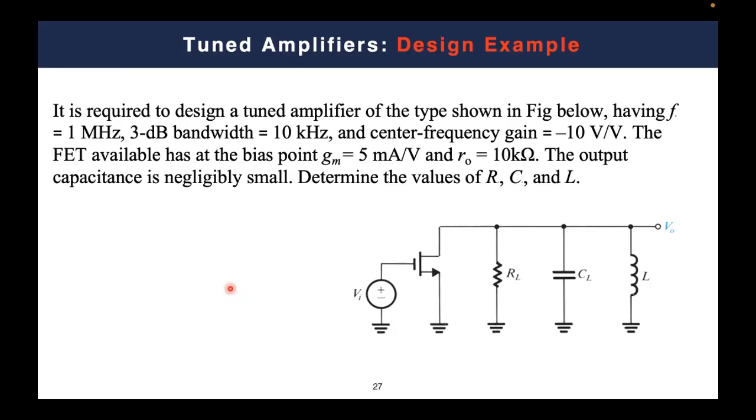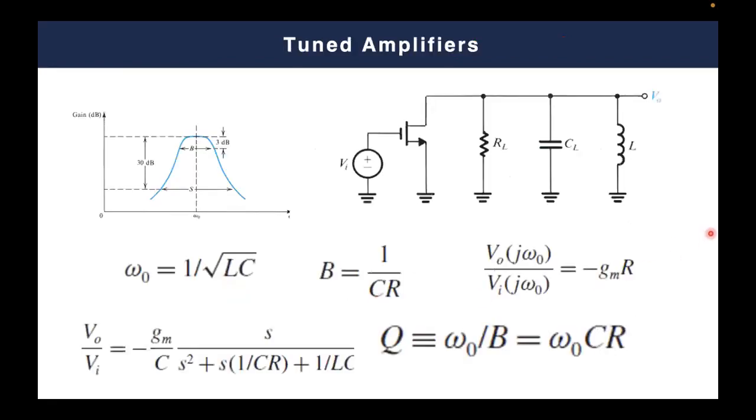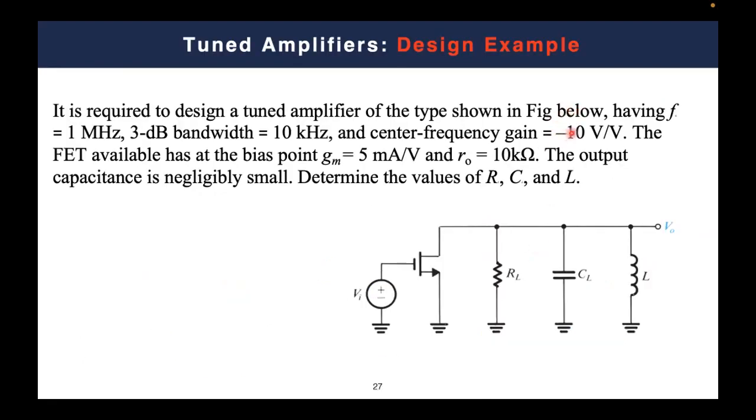Of course, what is negligibly small is the internal or the parasitic capacitance. We will consider this parasitic capacitance later on when we consider the RF tuner circuits, but for now, let's consider that we have only our output. So simply speaking, the first thing to consider is the gain, which is negative 10.